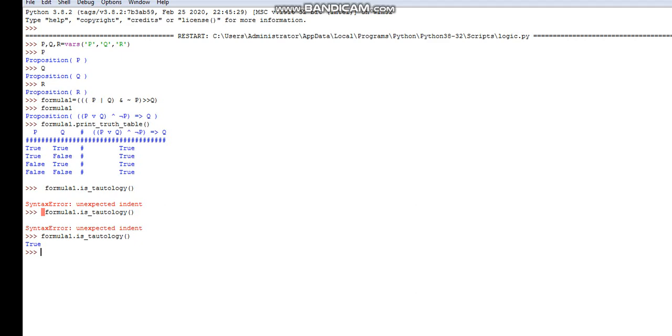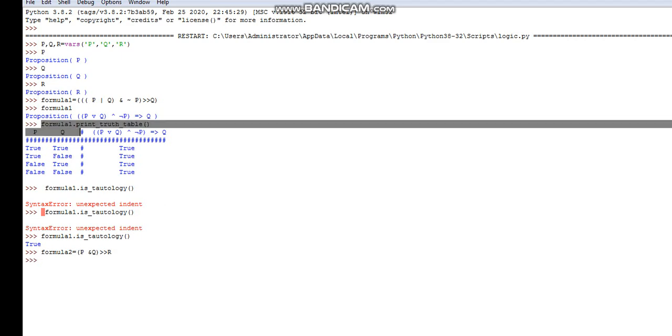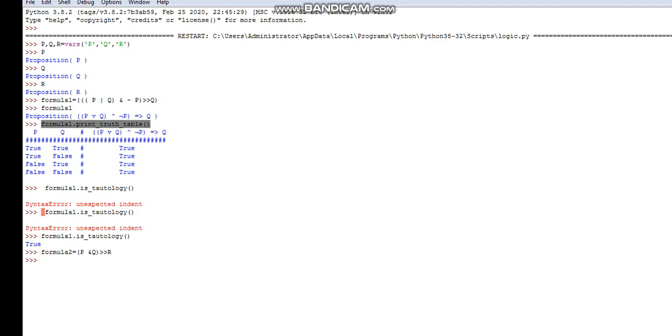Similarly, let's create some more formulas. Formula 2. This formula is created by the and, implies operators. Let's print its truth table for formula 2.